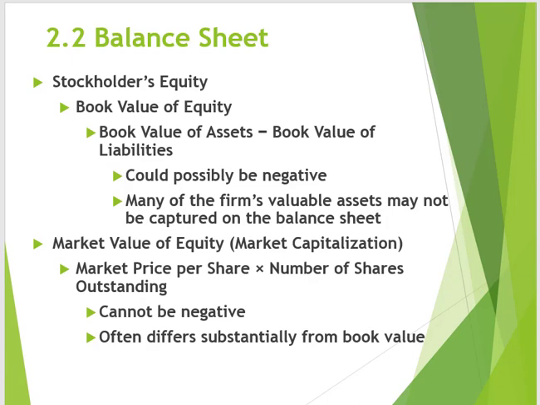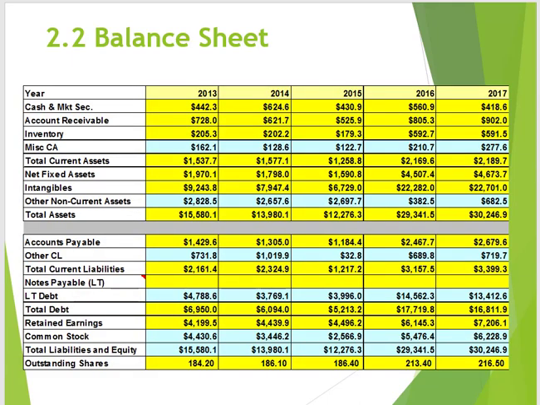So if we look quickly at a balance sheet, you can see that the upper side is the assets. This is what the company owns. Looking down below, we find the debt section.